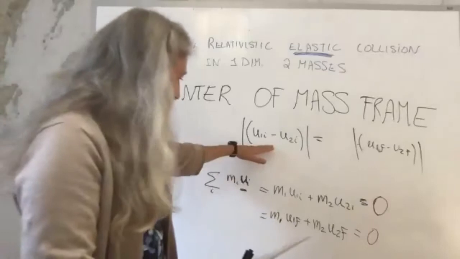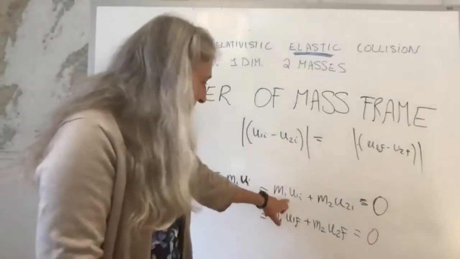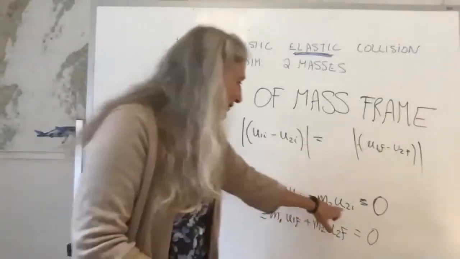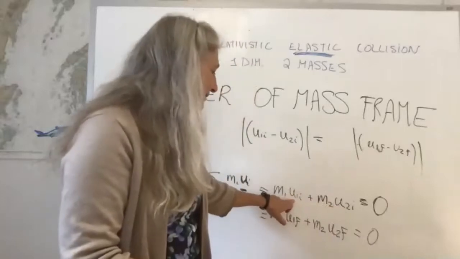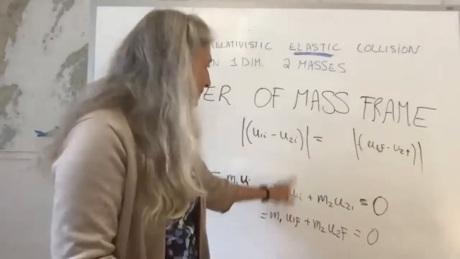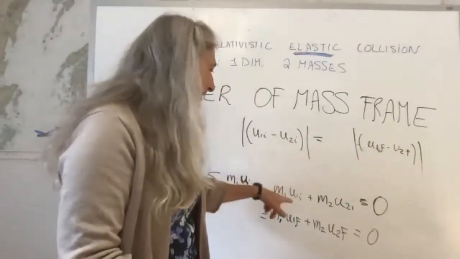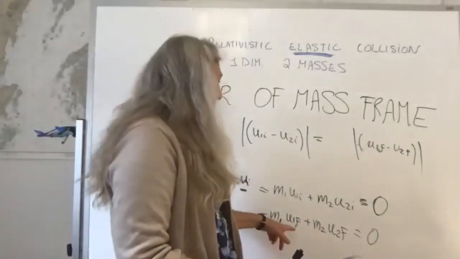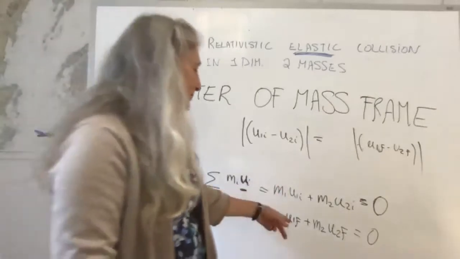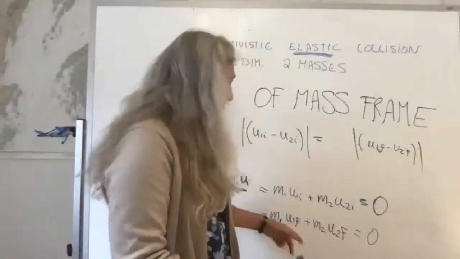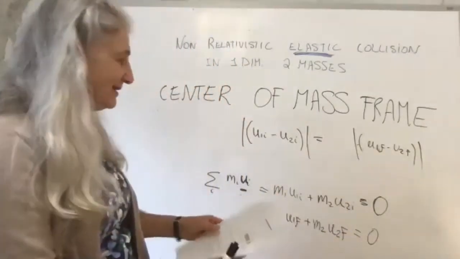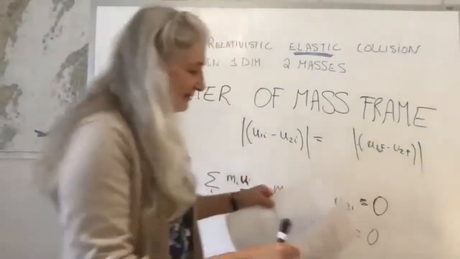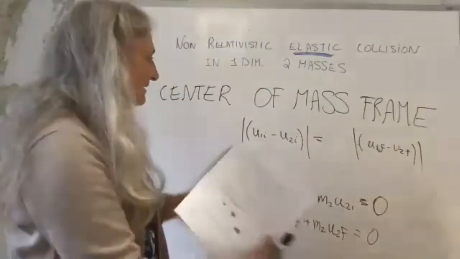Okay, so I have this condition and I have that condition. This lets me solve for U2i in terms of U1i, and so I can put that in here. And this condition lets me solve for U2f in terms of U1f. If I want to, I can put that in there.